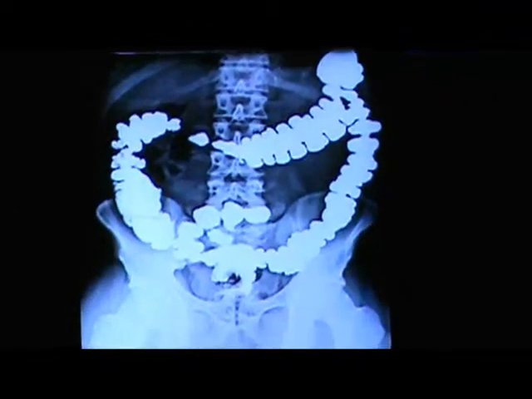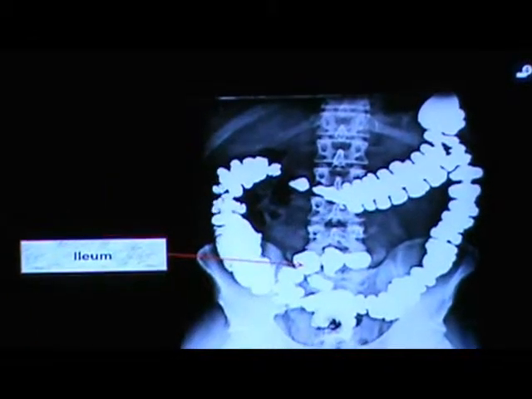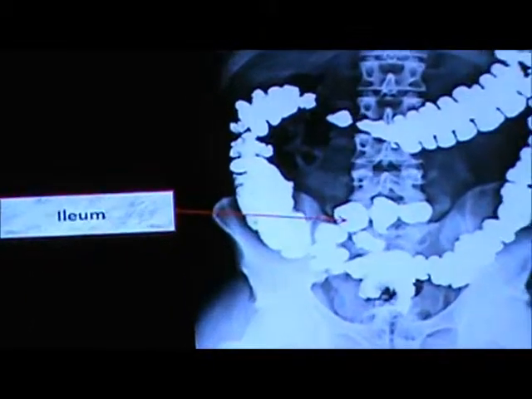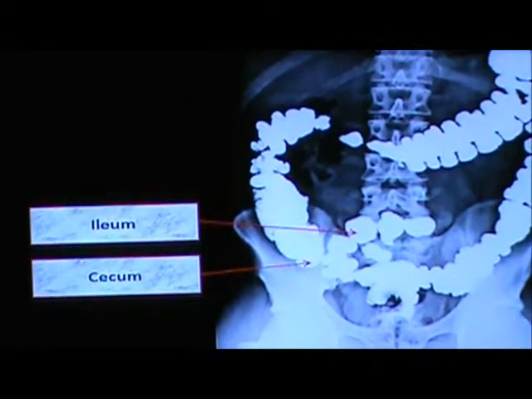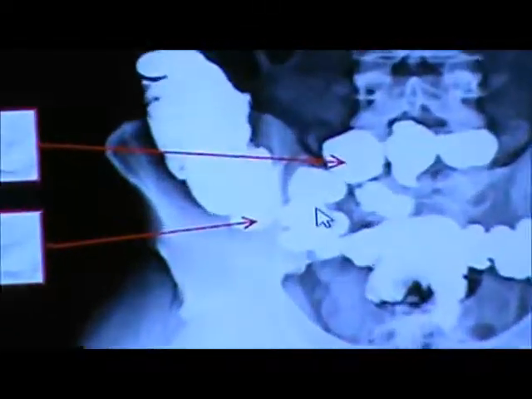We can see almost all parts of the large intestine as well as the ileum. So this is the ileum, the cecum. This narrow part corresponds with the ileocecal valve.